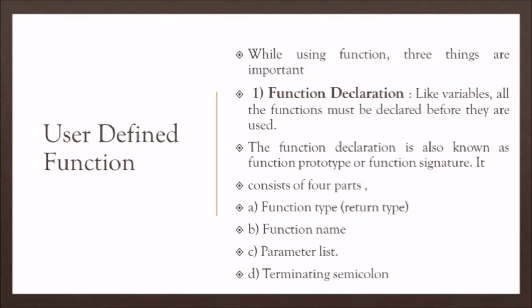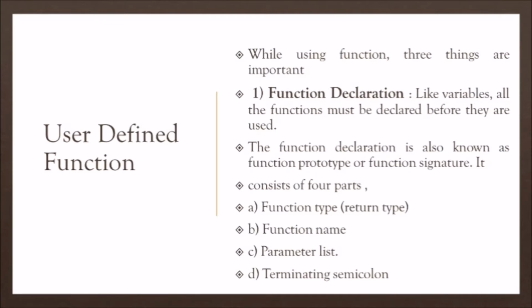Like we declare integer a, or an integer array of size 20, likewise we have to declare a function also. The function declaration is also known as function prototype or function signature.